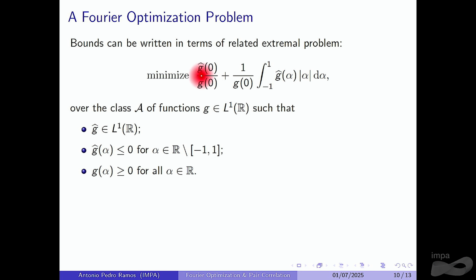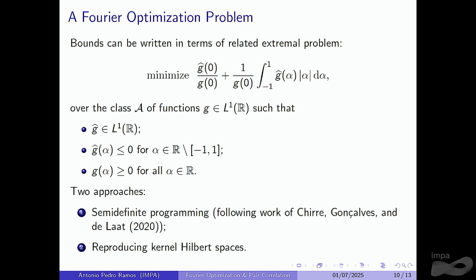And so this is a prototypical Fourier optimization problem, because we're trying to optimize something that depends on both g and g hat, and you're also placing restrictions on both the Fourier side and the physical side.